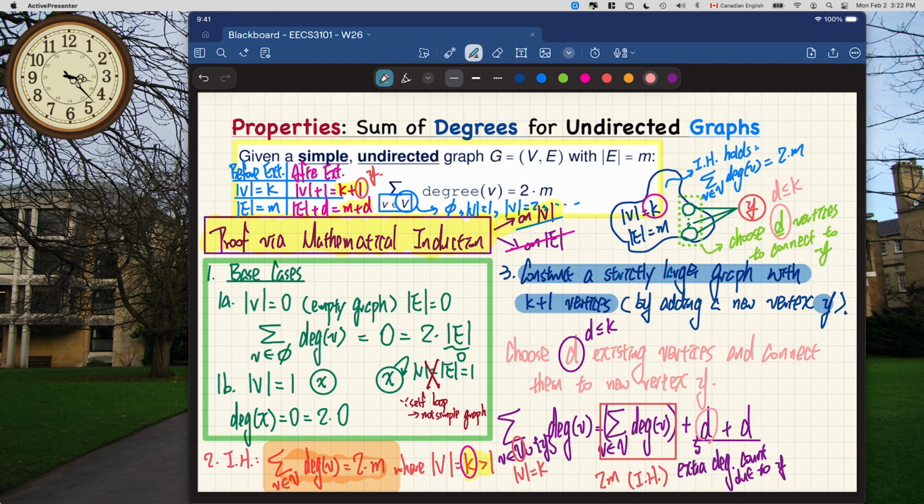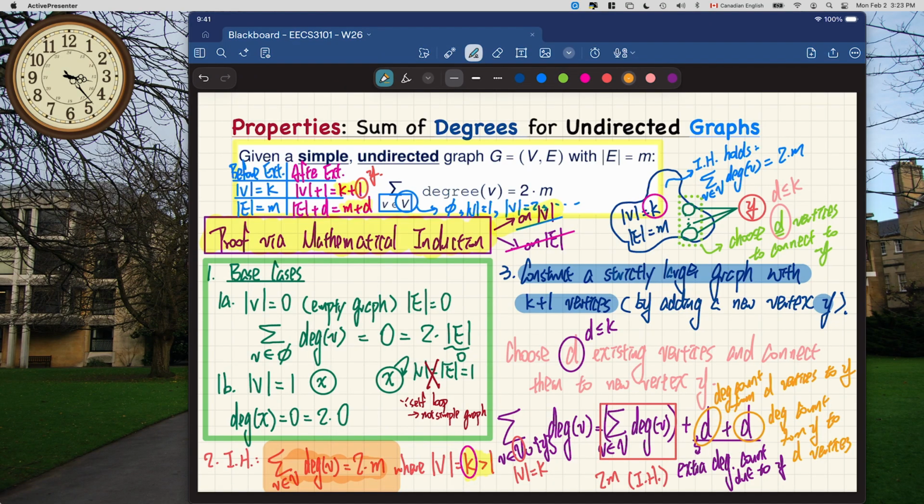You can think about this part here will be the degree counts from all the d vertices to y. And this d here is symmetric. It will be the degree counts from y to all the d vertices. Bidirectional.